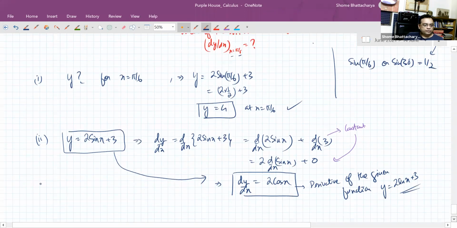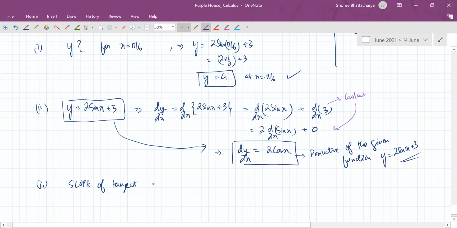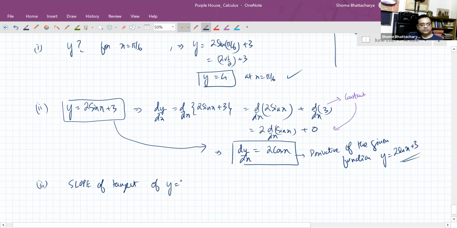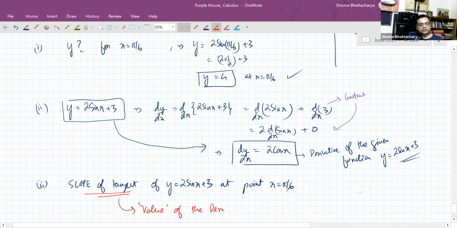So now the third part, we have to find the slope of tangent of this graph y equal to 2 sin x plus 3 at the point x equal to pi by 6. So basically what is the slope of tangent? It is the value of the derivative, and by derivative we mean dy by dx, at the point x equal to pi by 6.